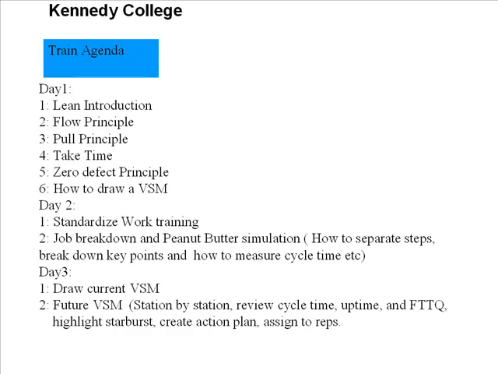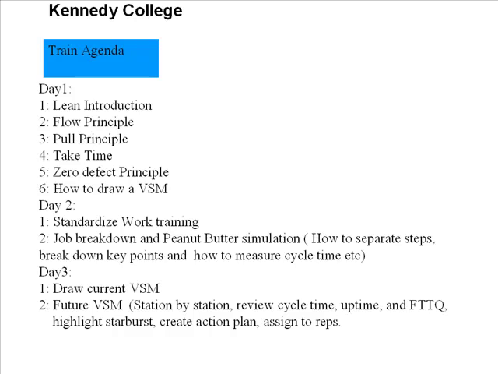So when we talk about the future value stream mapping, we talk about station by station. You go through station by station, you measure the cycle time, you measure downtime, you measure the cost of poor quality, the rework, scrap, and you also measure the first-time capability.